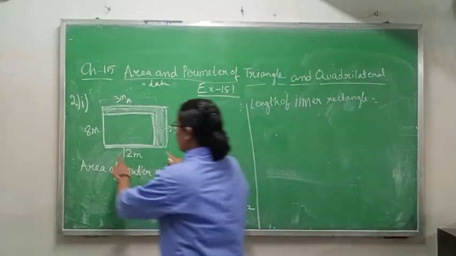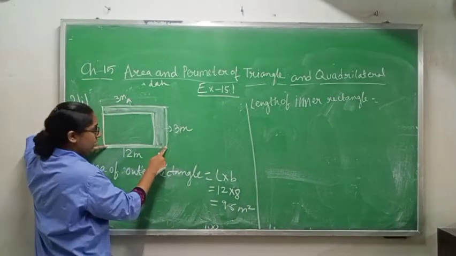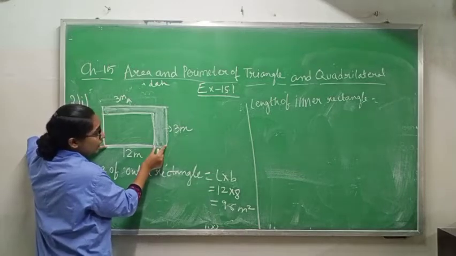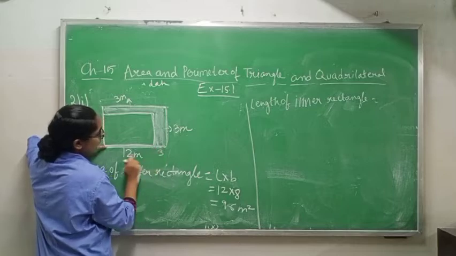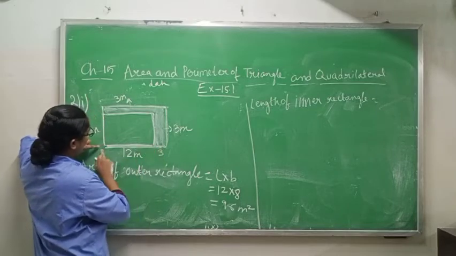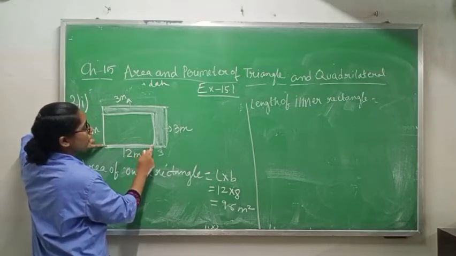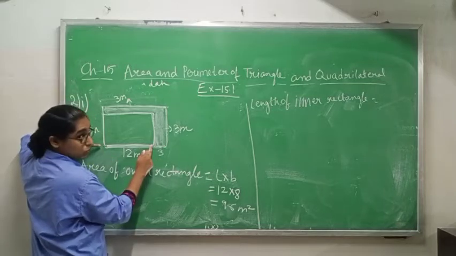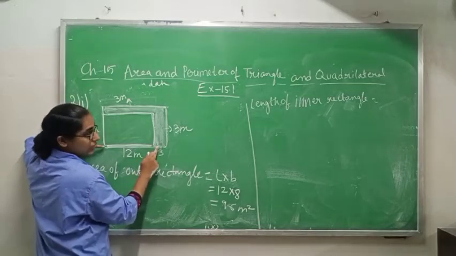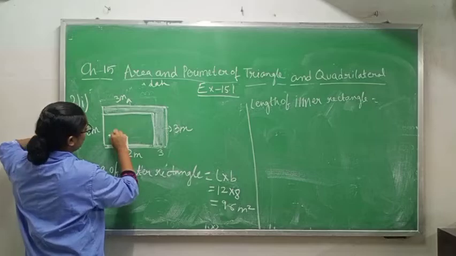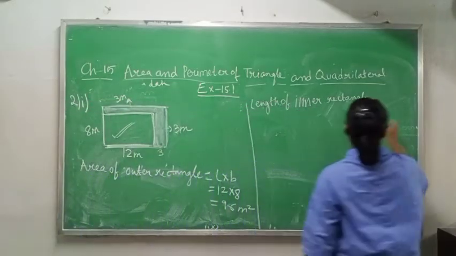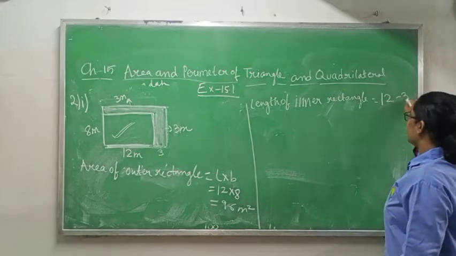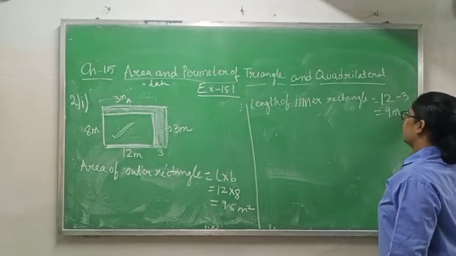Now total length is 12. This total length, outer rectangle length, is 12. This one is 3 because it is written 3. If you subtract 12 minus 3, you will get from this point up to this point, because you need from this point up to this point only. You don't need this color region. So the length of inner rectangle will be 12 minus 3. So it will become 9 meter.